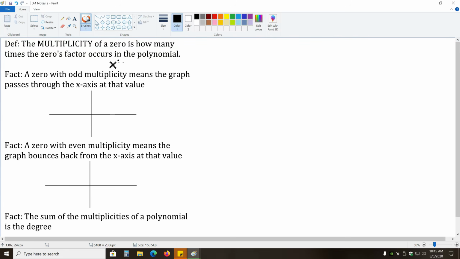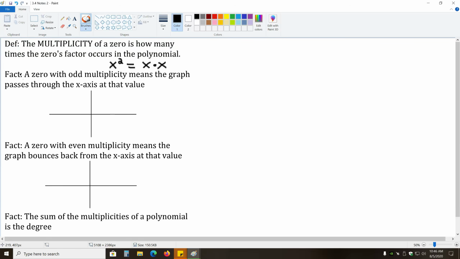For instance, if I have x squared, that just means we have x times x. So that x occurred twice in the polynomial. That's what the multiplicity would be of x. X has a multiplicity of 2 because its 0 occurred twice.